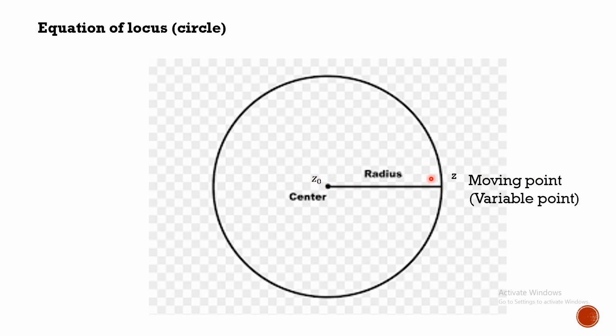So the distance between these two should always be equal to r, that is, modulus of z minus z0 should be equal to r. So using this condition, if this point moves, surely we'll get a circle. So the equation of the circle is nothing but modulus of z minus z0 is equal to r. So the set of all the points on the circle will satisfy this equation. So this is the equation of circle, right?